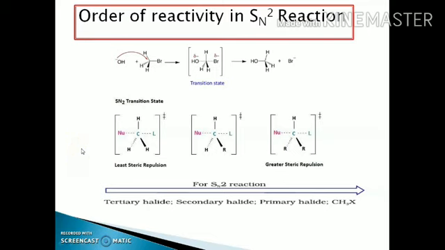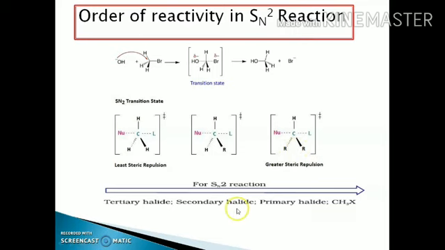Therefore, the correct order of the reactivity of different alkyl halides towards the SN2 mechanism is the tertiary alkyl halide, secondary alkyl halide, primary alkyl halide, and the methyl alkyl halide, in increasing order. The 3 bulkier alkyl groups prevent the attack of the upcoming nucleophile. In the secondary halide, 2 alkyl groups are present.